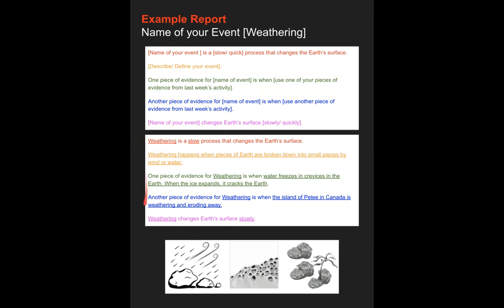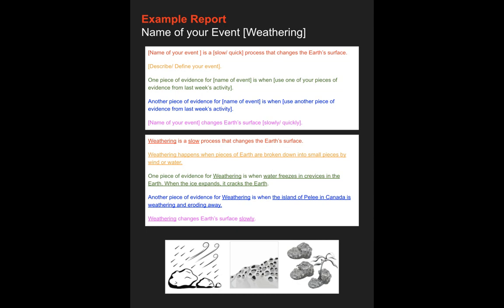So here is what a sample report will look like. Weathering is a slow process that changes the Earth's surface. Weathering happens when pieces of Earth are broken down into small pieces by wind or water. One piece of evidence for weathering is when water freezes in crevices in the Earth.